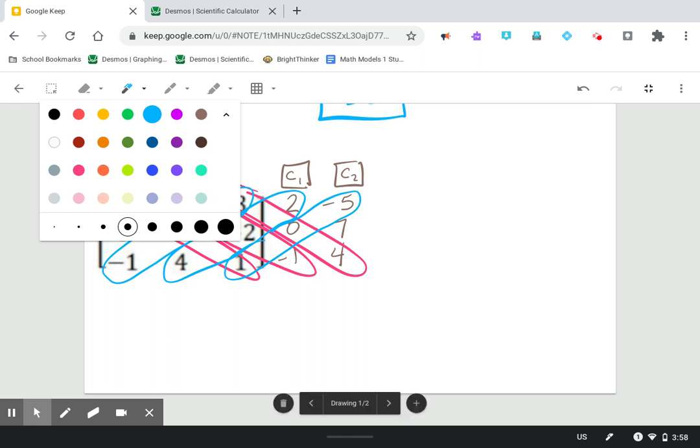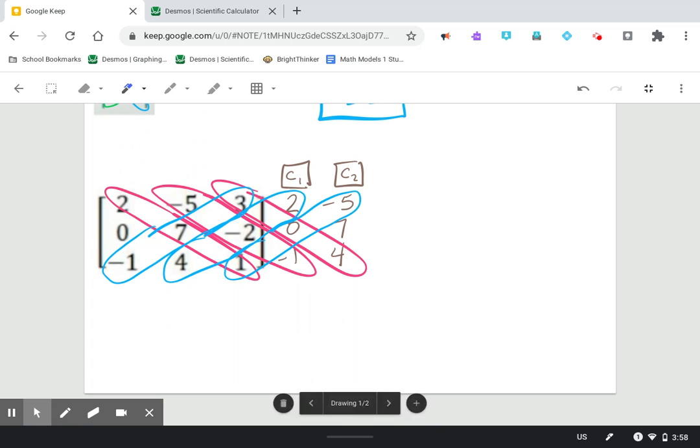Now, let's go ahead and work this out in one long thing. So again, downward diagonals are going to go first.